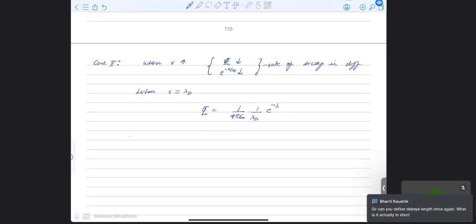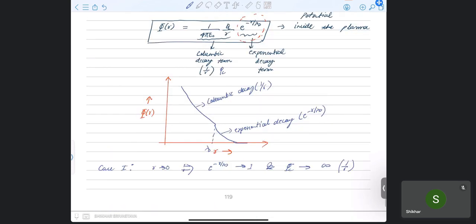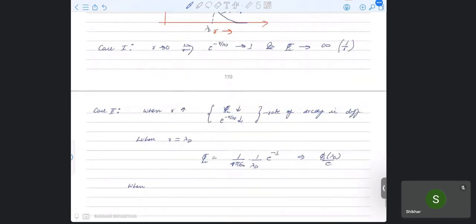This is basically phi of lambda D upon e, right? Coulombic potential at lambda D, because Coulombic potential is 1 upon 4 pi epsilon naught, q by r. So if you just replace r with lambda D, it will become this. Yeah, so there will be a q term also.